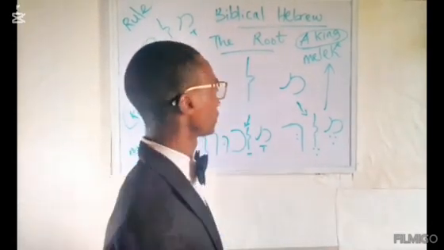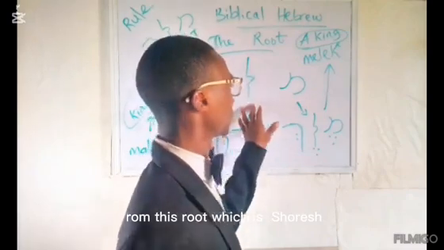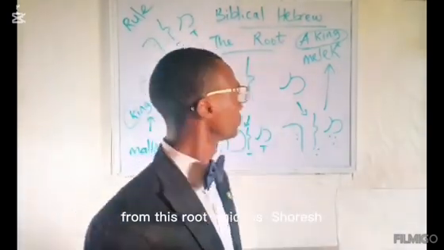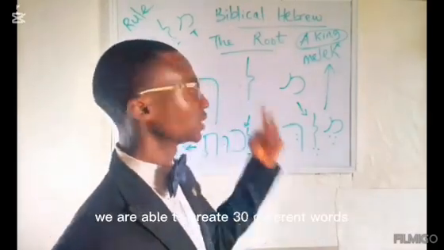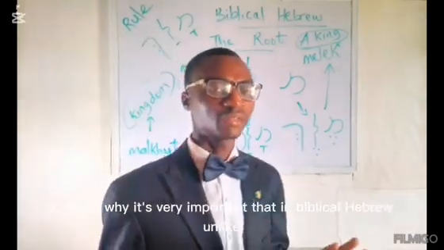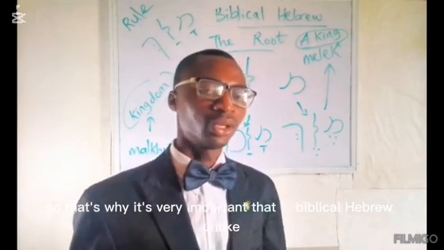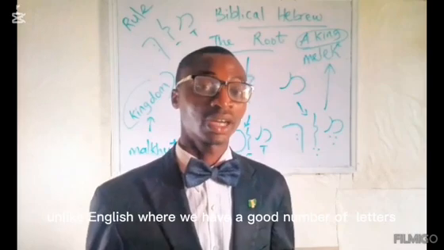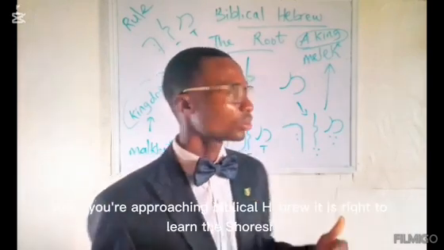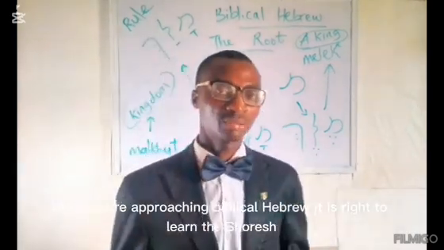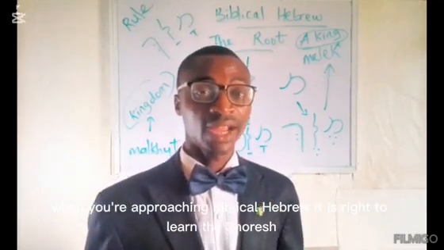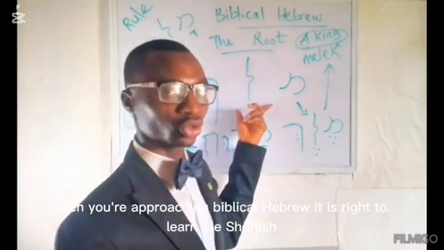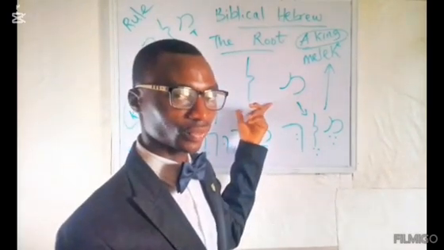That means from this root, which is Shoresh, we're able to create 30 different words. So that's why it's very important that in biblical Hebrew, unlike English, we have a good number of letters. When you are approaching biblical Hebrew, it is right to learn the Shoresh.